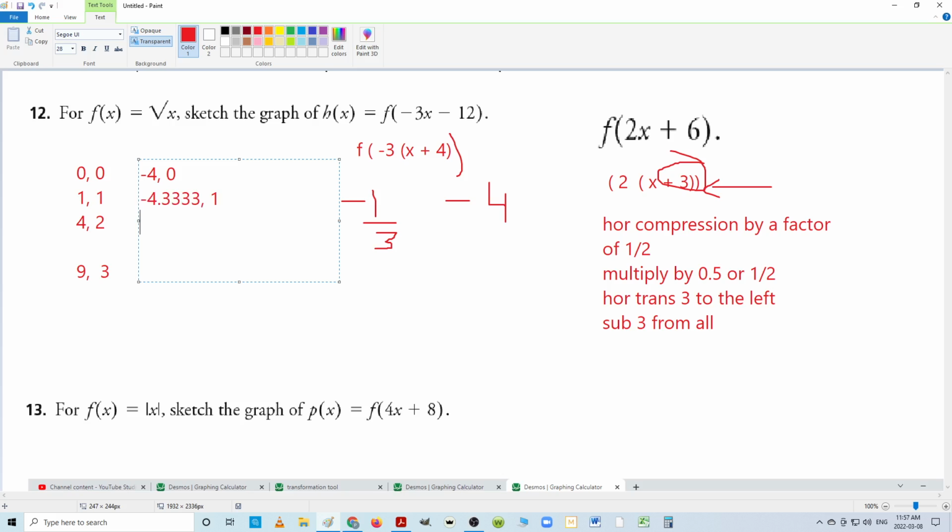Nothing happens to the y's. 4, when I divide it by -3, becomes -1 1/3. When I subtract 4 from it, becomes this. And the last one, when I divide it by -3, becomes -3, and when I subtract 4 from it, it becomes -7. So we should see these points.